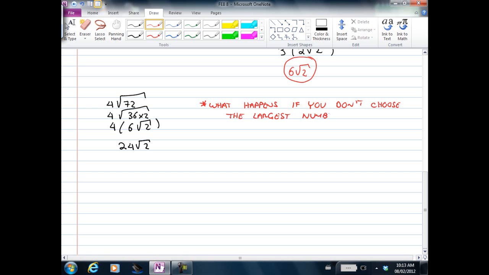We're going to go back to this question, and it's 4 root 72. Let's say you thought that the largest number was 9, for example, and you've decided to do this. 4 times 9 times 8. Agree? I'm just going to assume. Let's say you did it and you say, hey, I think the largest number is 9. So guys and gals, if you choose 9, tell me what your answer would be.